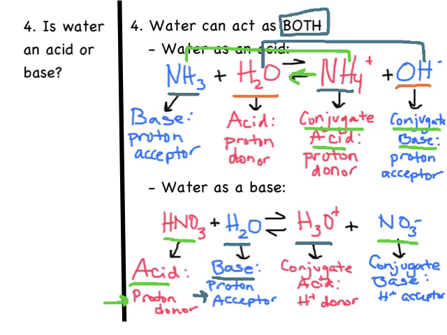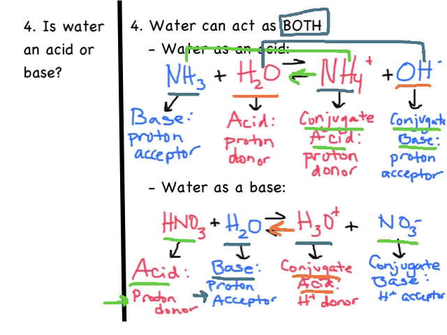It accepted a proton. And then if we take a look again at the reverse reaction, we're going to see the difference between conjugate acids and conjugate bases. If we look backwards, we can see that the H3O plus is going to give away its hydrogen to become H2O, so that means it's a hydrogen donor, or a conjugate acid.